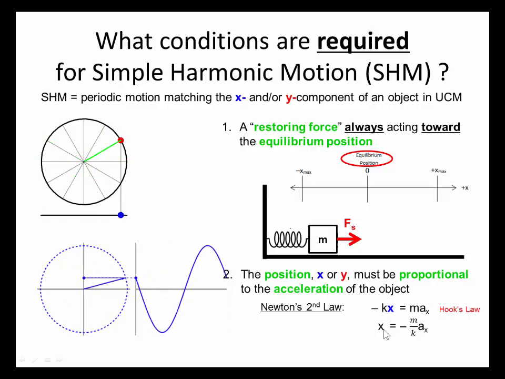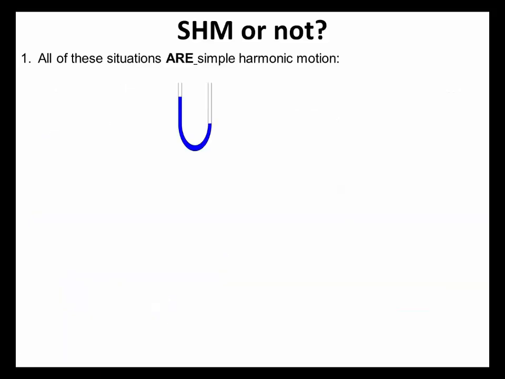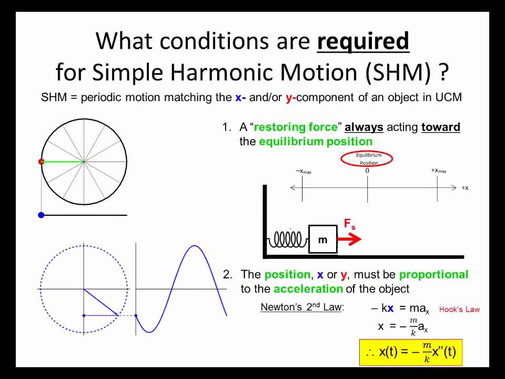Solve for x, our position, and we find out that our position is directly proportional, here's our constant of proportionality, to our acceleration. And that happened because this is a Hooke's law situation. If we have any other situation that's similar to that with any other system, then it turns out that we'll get a second order differential equation again, and that second order differential equation leads us to the sinusoidal motion. Either a cosine function in the x direction or a sine function in the y direction.